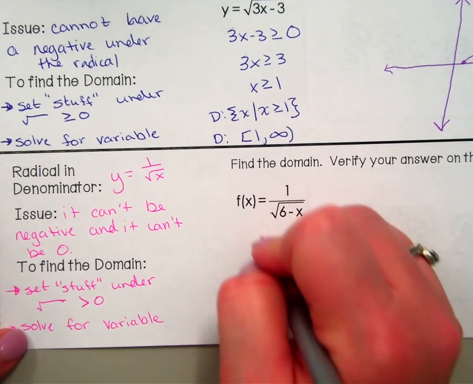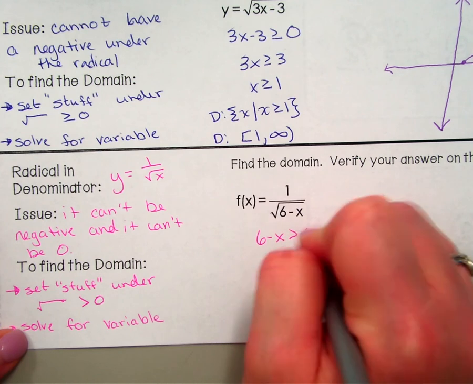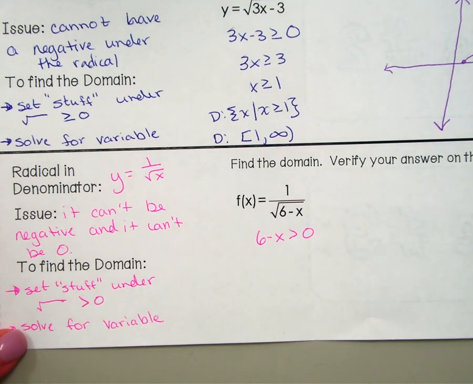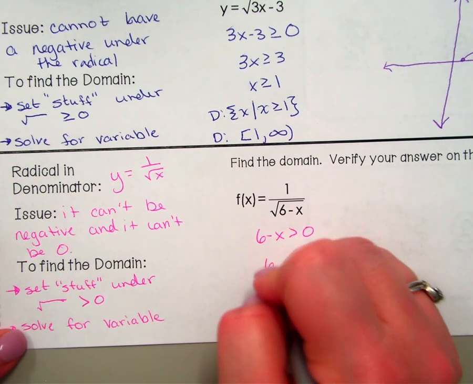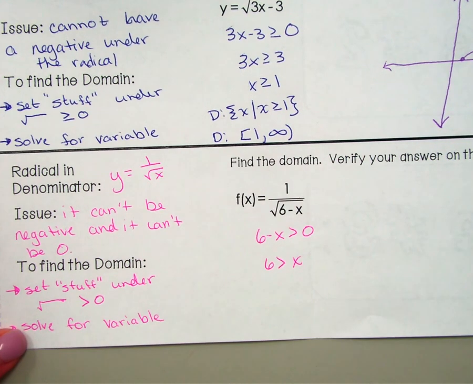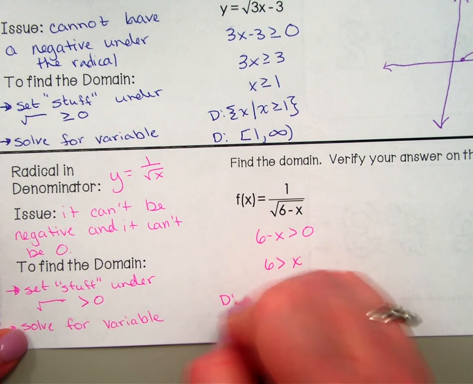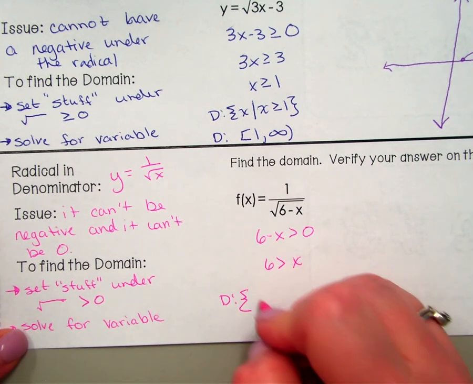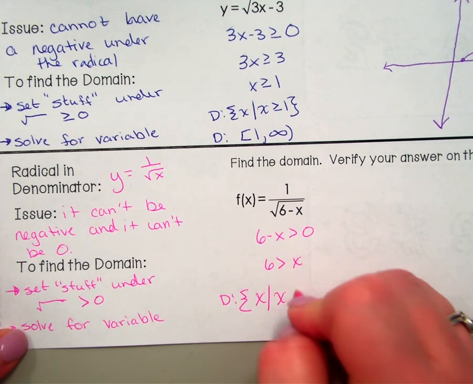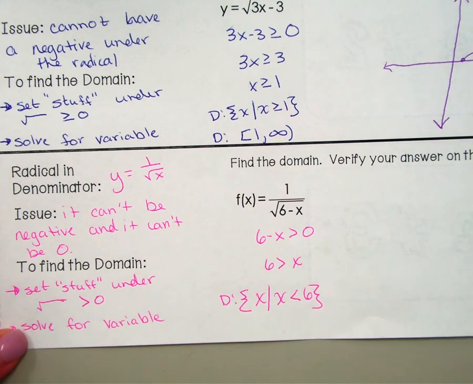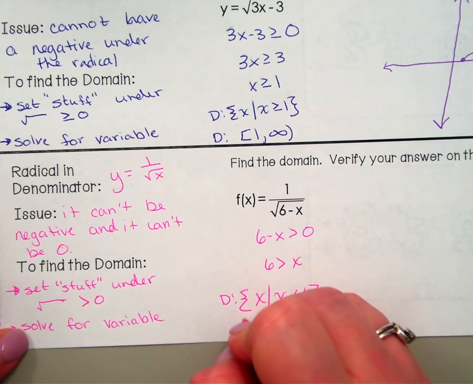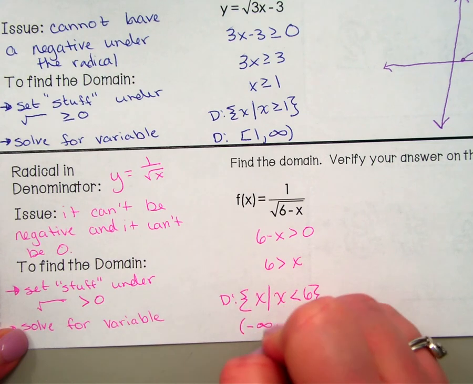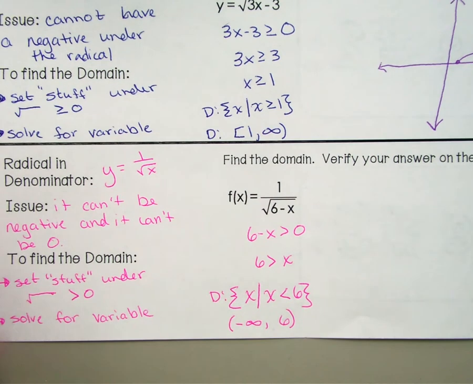Looking at my example over here, my stuff under the radical greater than 0, I'm going to solve for x, and I end up with x is less than 6. So then again, set builder is pretty simple this time. X such that x is less than 6. Interval notation would be negative infinity to 6.